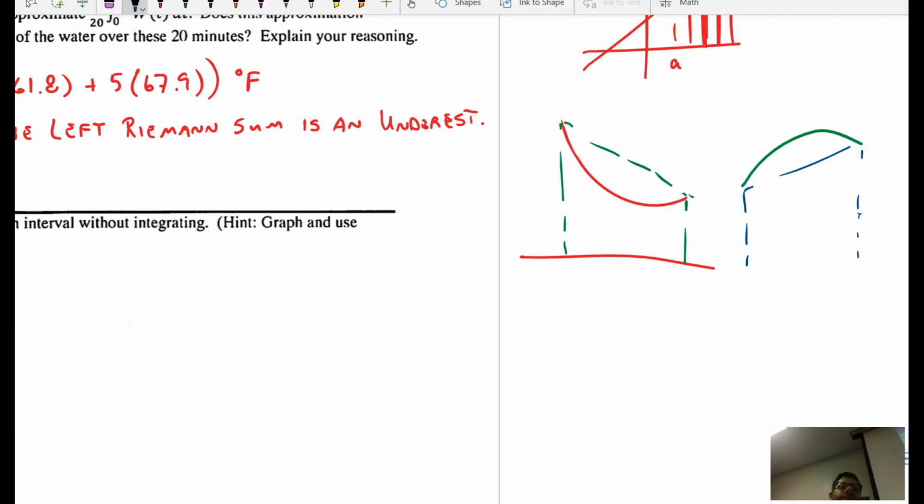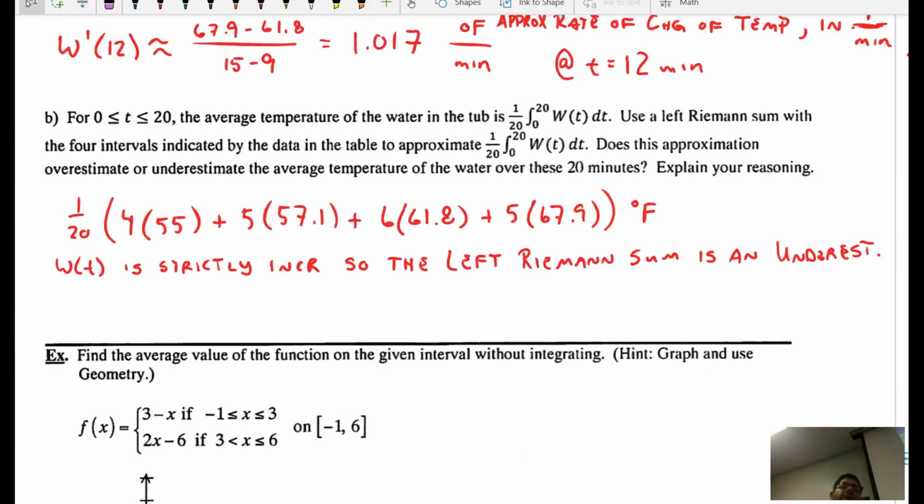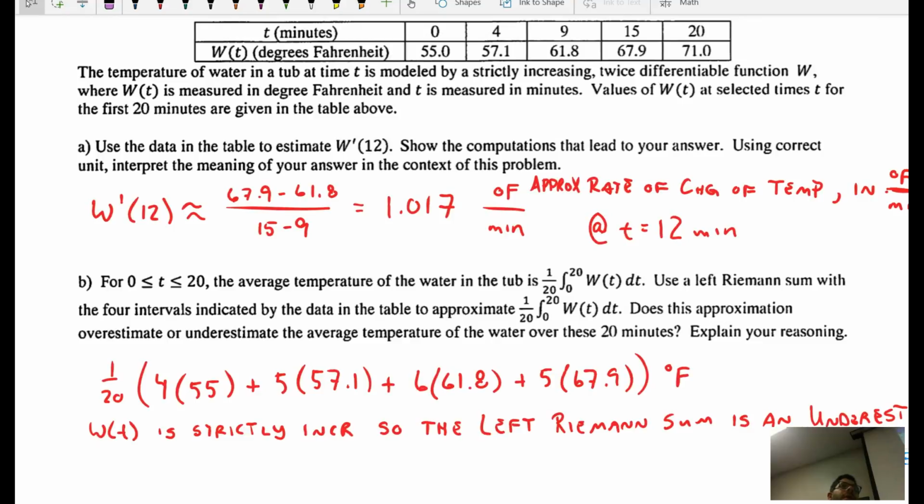They could have said W prime is positive, and if W prime is always positive, then W is always increasing. So I don't think they would ask us about the midpoint Riemann sum, because it depends more on the shape of the curve.